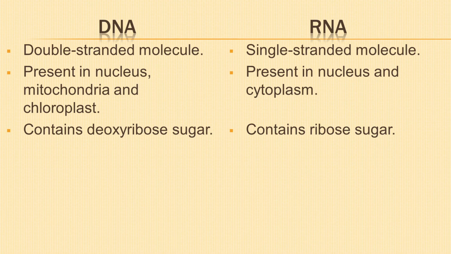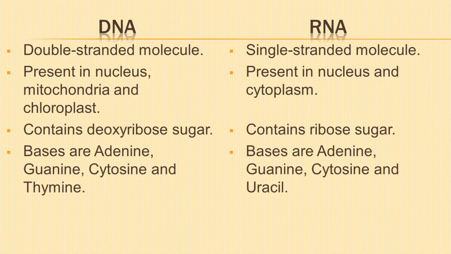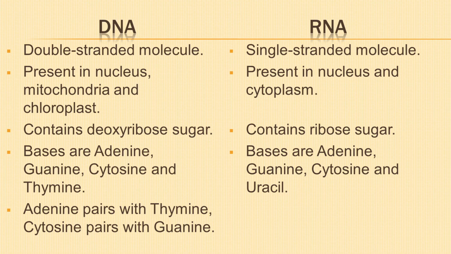Bases present in DNA are adenine, guanine, cytosine, and thymine. Bases present in RNA are adenine, guanine, cytosine, and uracil. Adenine pairs with thymine and cytosine pairs with guanine in DNA.